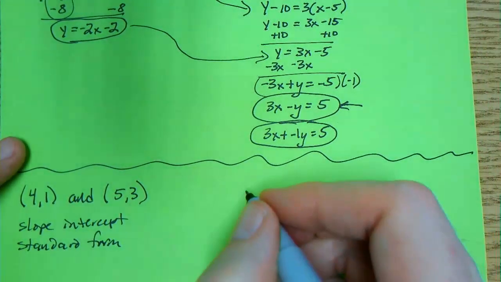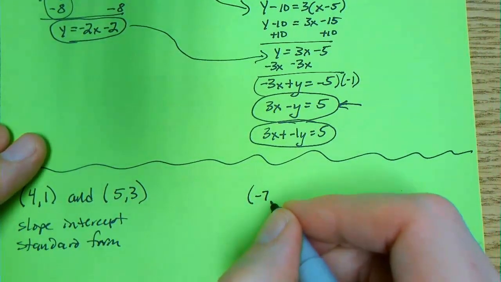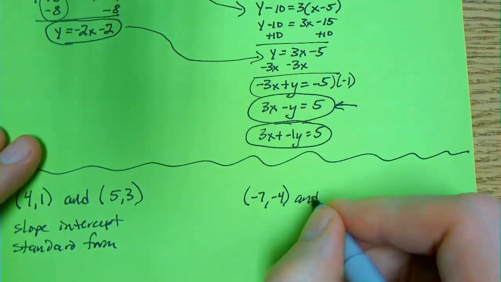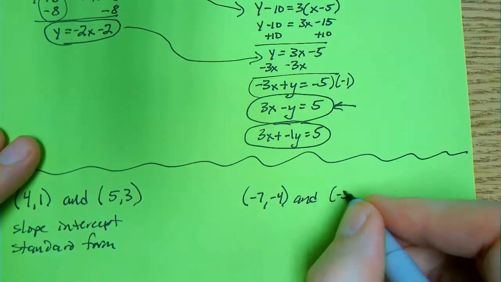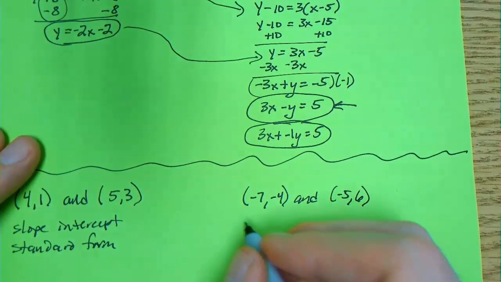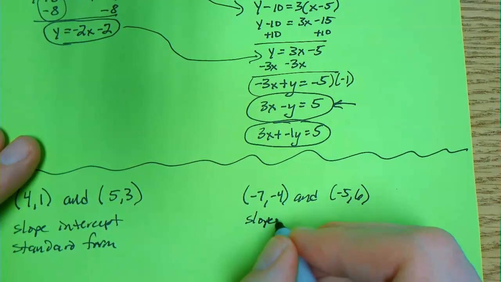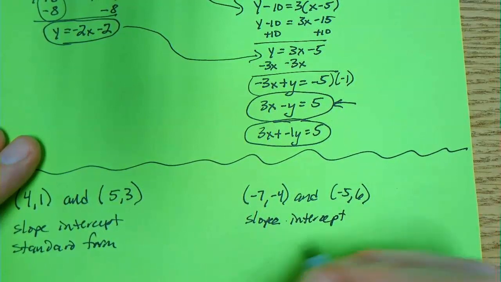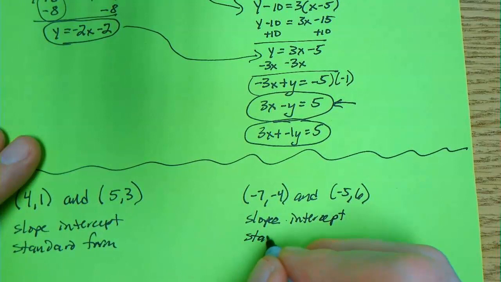Problem number 2, we're going to do this one, negative 7, negative 4, and negative 5, 6. Again, slope-intercept form and standard form.